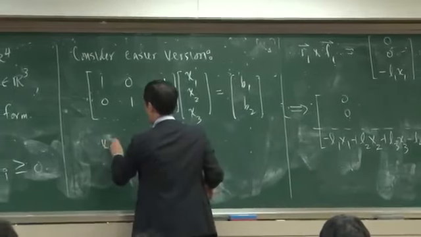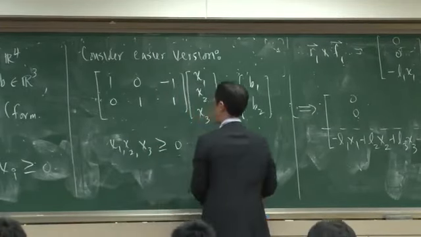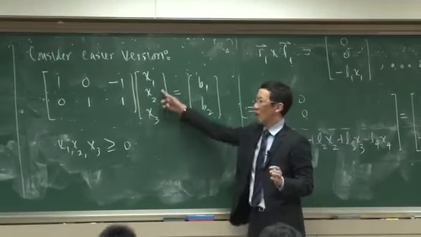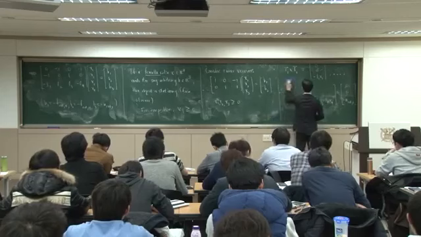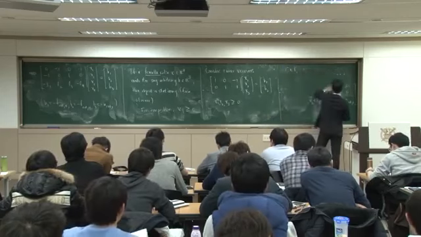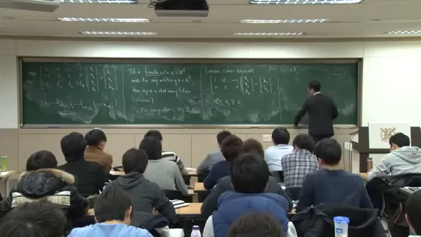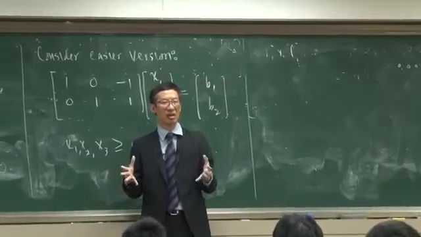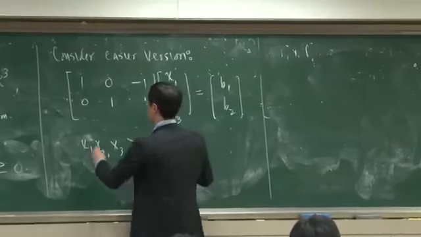Here we want x1, x2, x3 also to be greater than or equal to 0. So does a solution exist for arbitrary b? Now, I've been emphasizing this throughout the course: try to think geometrically as much as possible.